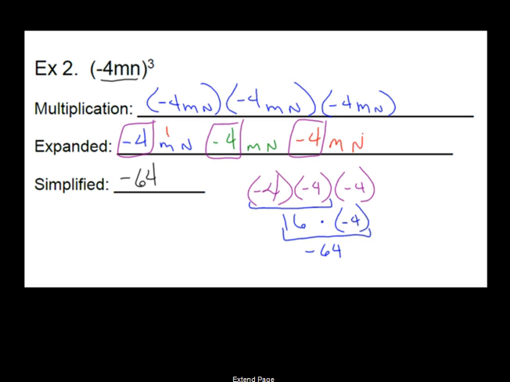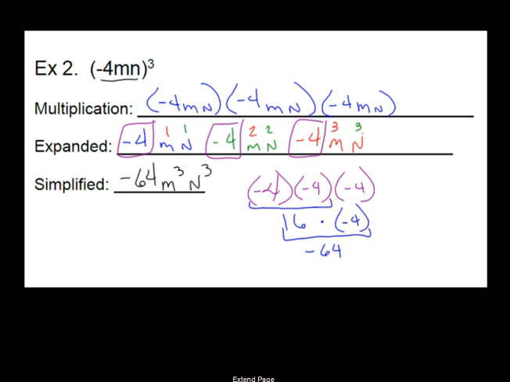So I have 1, 2, 3 of those. So I now have m to the third power. Collect my n's. There's 1, 2, 3 of those. And then I have n to the third power. So my final answer is negative 64 m cubed n cubed.